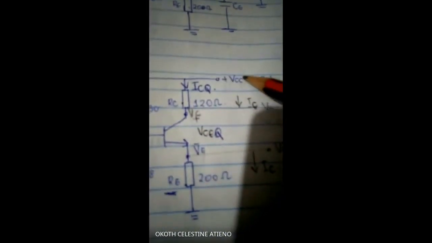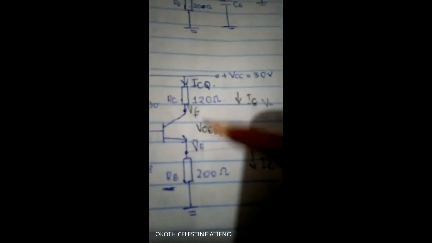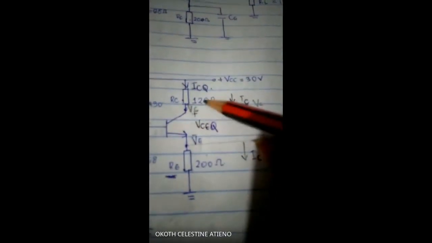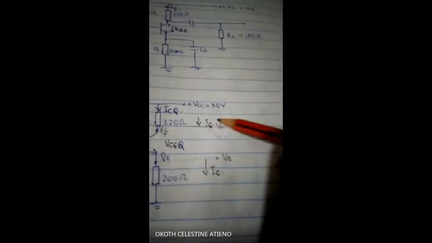So if I do VCC minus the drop here and the drop here, I'll be getting VCE. So don't forget to put both these resistances into account. And the reason you're using IC on both is because we're assuming IE is equal to IC. So that is where we are coming up with this equation from.